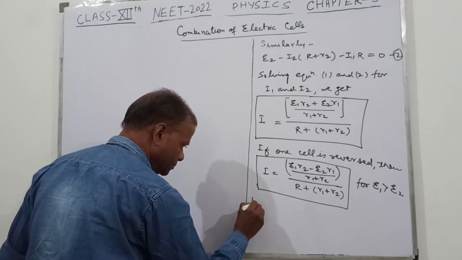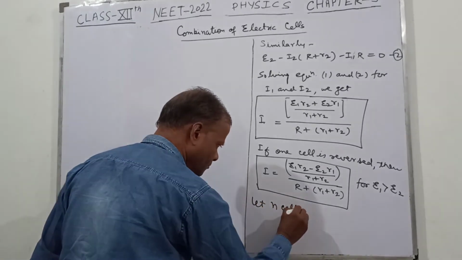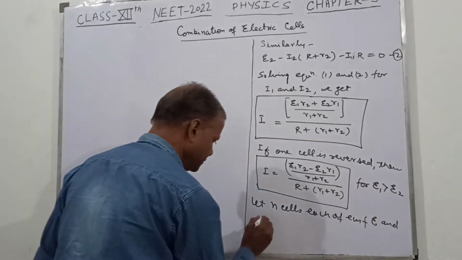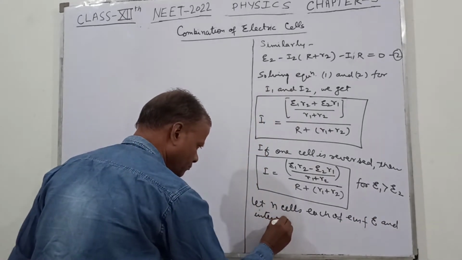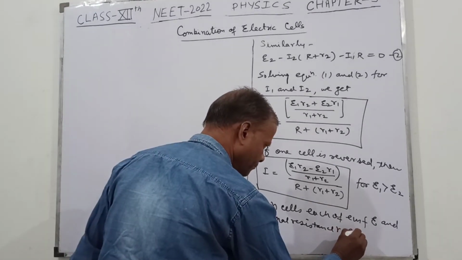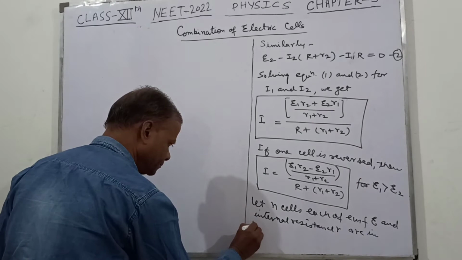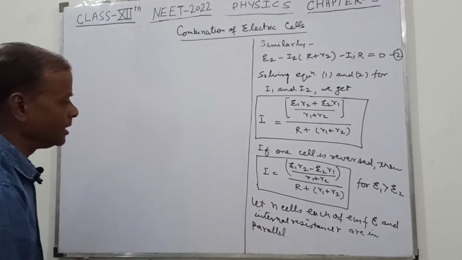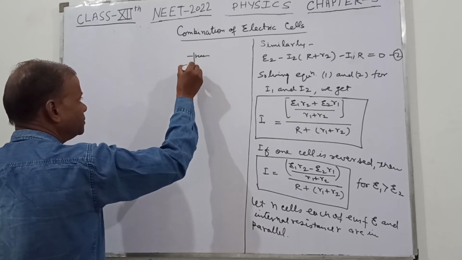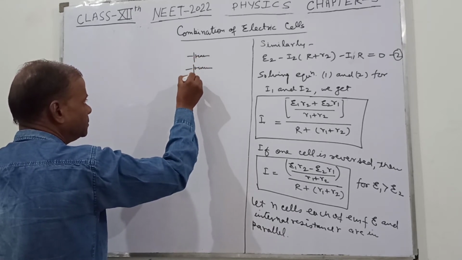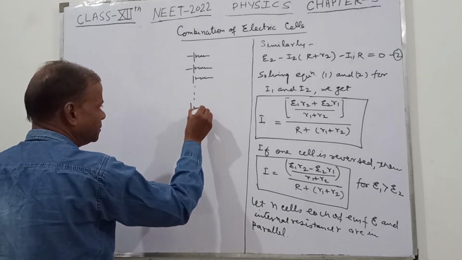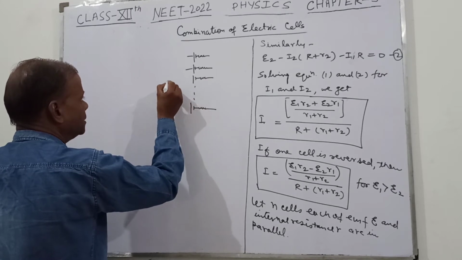Here we have the cells, n cells, and all these cells are providing the current.